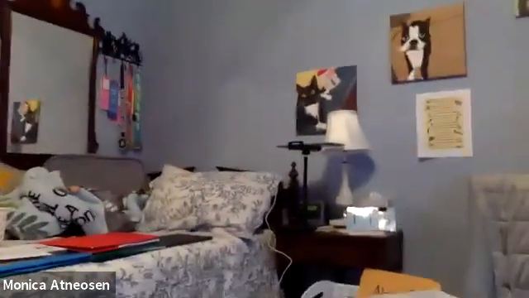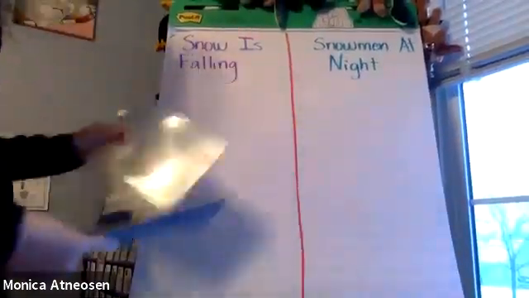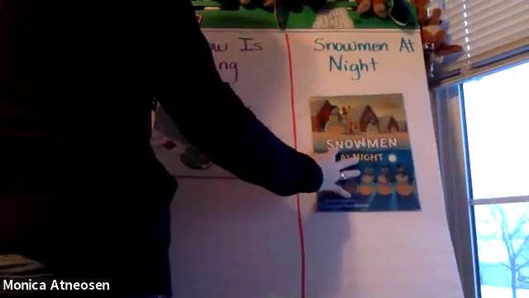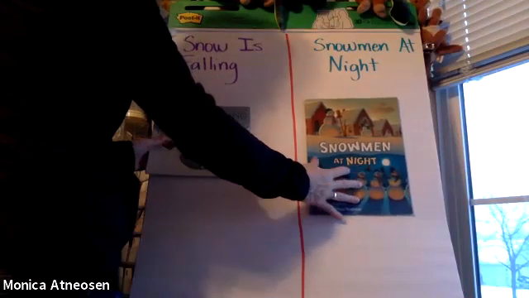So we're going to move on over to my other chart here where I wrote down some things, and we're going to talk about Snow is Falling and Snowmen at Night.